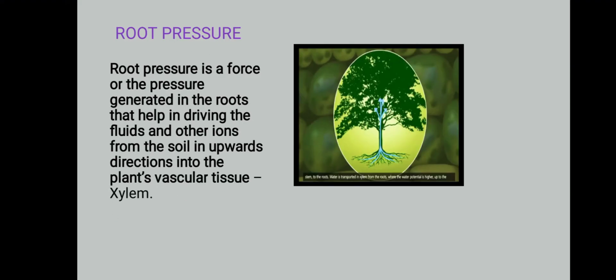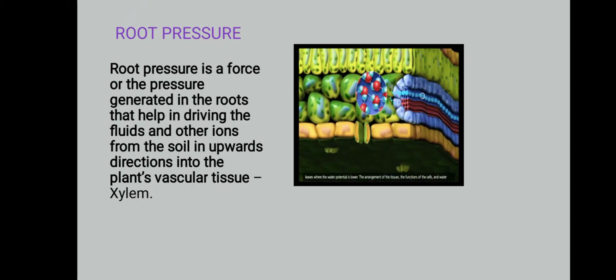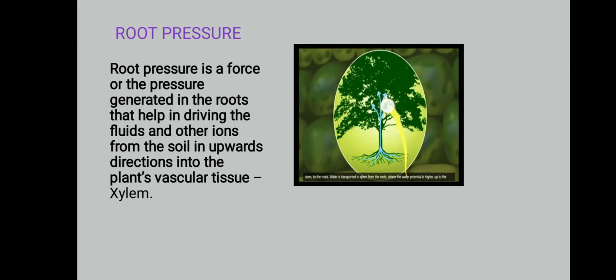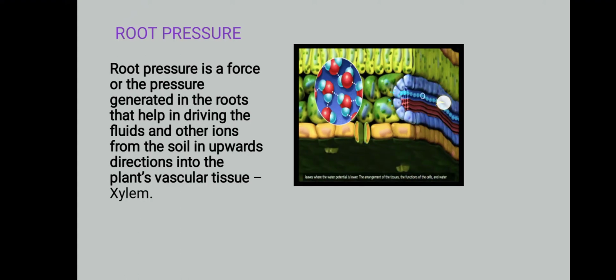Root pressure is a force or the pressure generated in the roots that helps in driving the fluids and other ions from the soil in an upward direction into the plant vascular tissue, that is the xylem. So it is the upward movement of fluids.